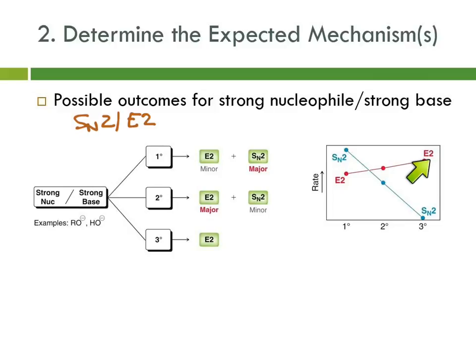It actually gets a little faster as the order increases, but not as much. So for a primary, we've got the SN2 occurring faster, so that will give us the major product, and E2 will give us a minor product. For the secondary, it's reversed somewhat, and so we'll get more of the E2 product and less of the SN2 product.